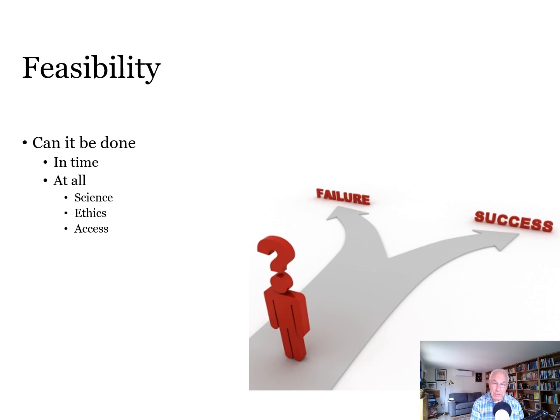Or there may simply not be enough people with the kind of condition that they want to look at, or it may just be very difficult to attain access to certain kinds of potential participants. Hospital patients are relatively easy, but once we move out of hospital into the community, and especially when working with children or anyone vulnerable, or anybody in minority groups, very small groups of people, it may be difficult to gain access. So you need to balance all of these things.